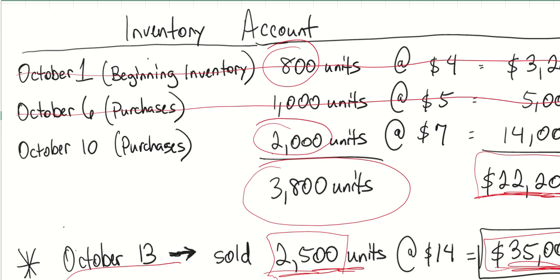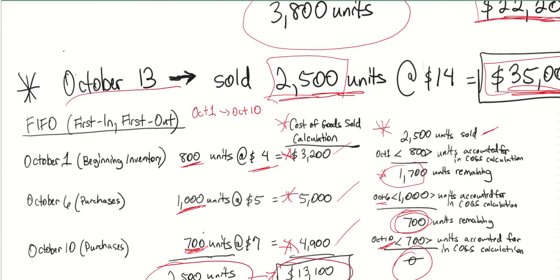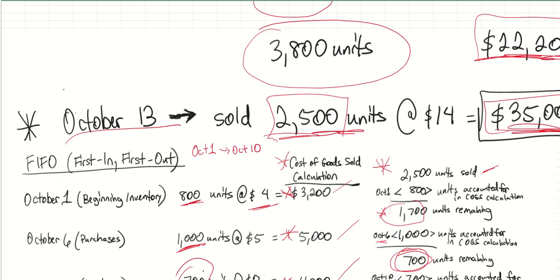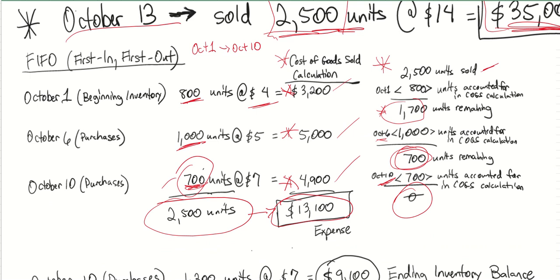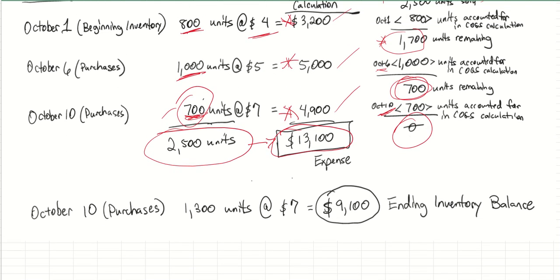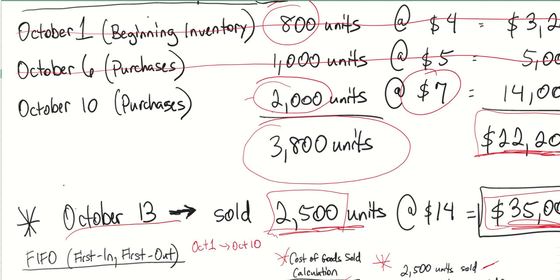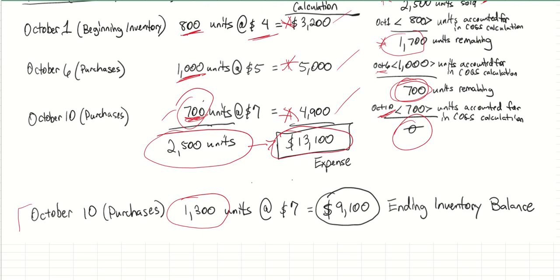Out of the 2,000 units, we've included 700, which means 2,000 minus 700 gives us 1,300 units still remaining in the company's inventory account. So October 10th purchases, 1,300 units still sitting in their accounts at $7 each. That's going to give us $9,100. That's going to be the ending inventory balance when using the FIFO method.